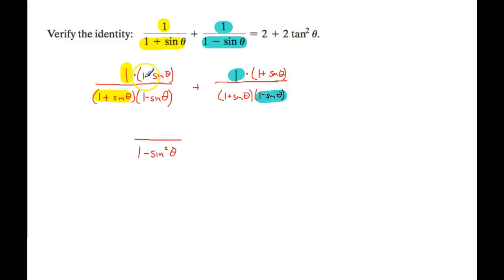And on the top, I've got a 1 minus sine theta plus, on the bottom here, I've got a 1 minus sine squared theta and then a 1 plus sine theta.